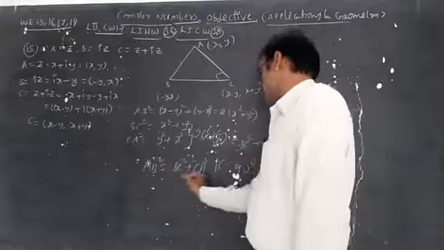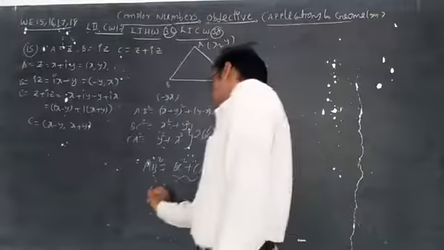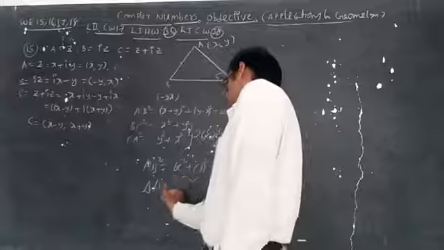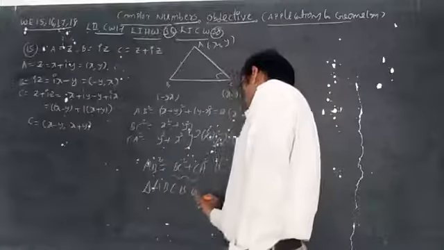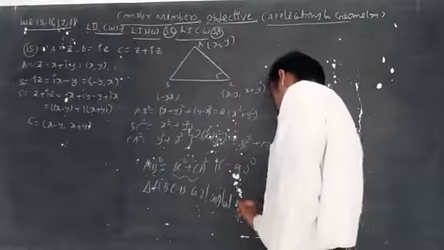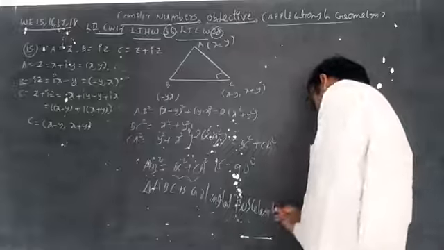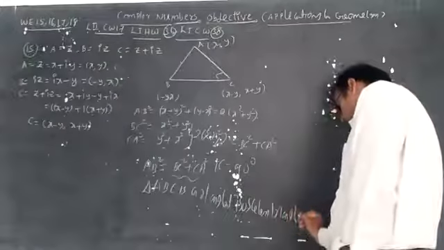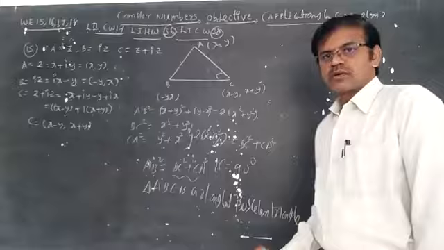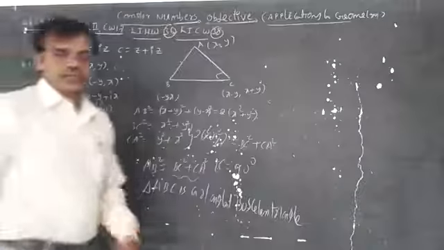It is called a right angle isosceles triangle. So triangle ABC is a right angle isosceles triangle.